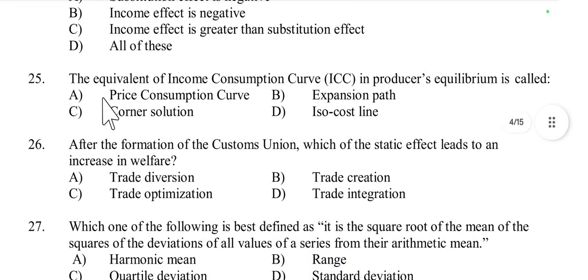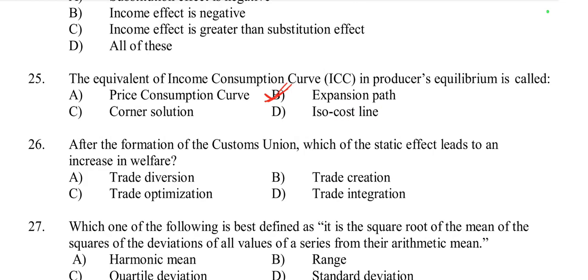Then question number 25. The equivalent of income consumption curve ICC in producer's equilibrium is called: price consumption curve, expansion path, corner solution, or iso-cost line. The equivalent of ICC, income consumption curve, is otherwise called the expansion path. So option B is right here, because in producer equilibrium the equivalent of the ICC in consumer theory is called the expansion path.